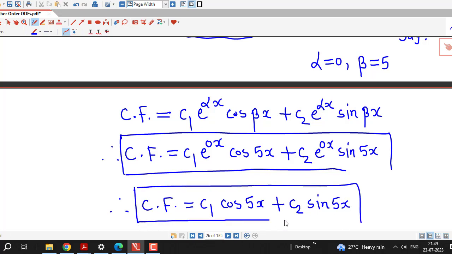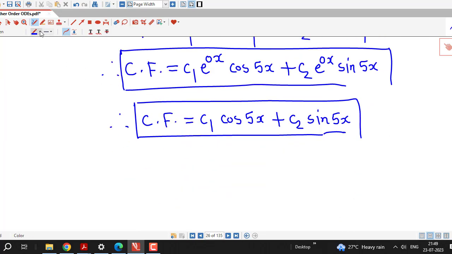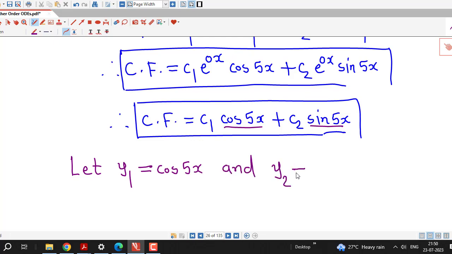So this is the complementary function of the given non-homogeneous equation, and here we have two linearly independent functions, and we denote them by y1 and y2. Let cos 5x be denoted by y1, and sin 5x be denoted by y2.